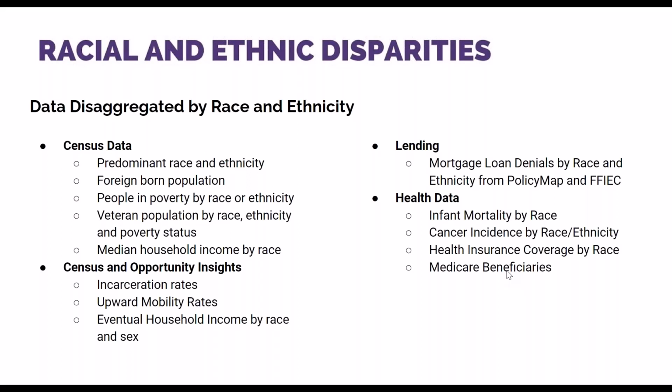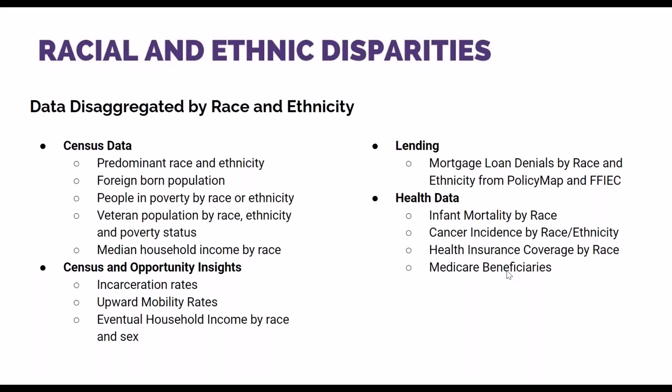But some of the data that is not Census or ACS data, and that is unique or exclusive to PolicyMap, comes from PolicyMap and Opportunity Insights, a group from Harvard University, where they have data on incarceration rates and upward mobility rates.